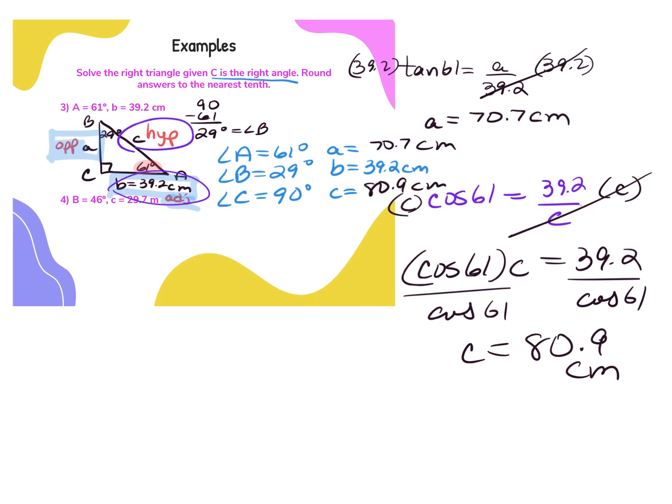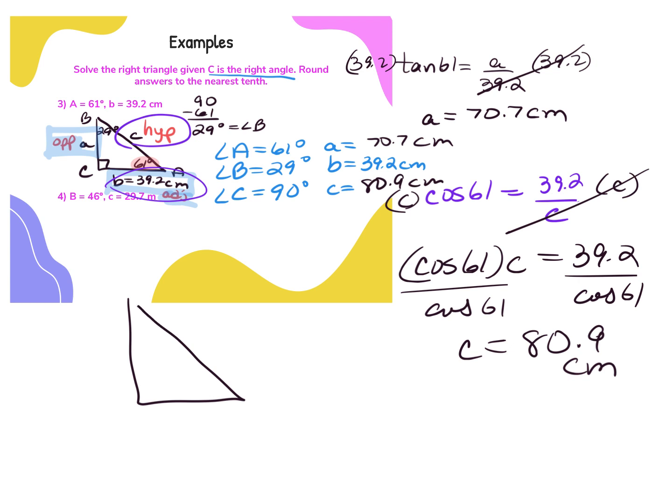Okay, so for number 4, here's my triangle. C has to be the right angle. I'll put B up here at the top again. And again, little b is across from angle B, little a across from angle A, little c here. They gave me angle B this time, and it's 46 degrees. And they gave me the hypotenuse, 29.7.